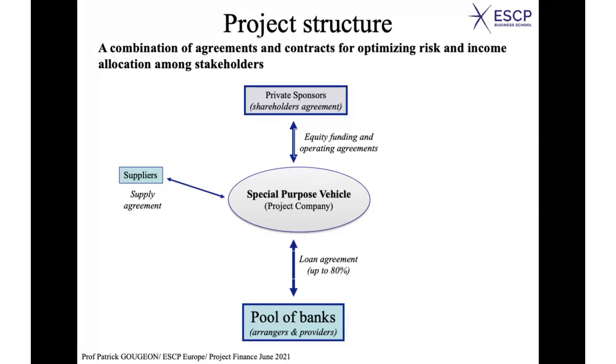Okay, on the other side, well, you have to sell what you produce. Again, you have buyers, and you can have a specific agreement with the buyers, the buyers being committed, for instance, to buy what you produce. That would typically be the case for a power plant. You produce electricity.